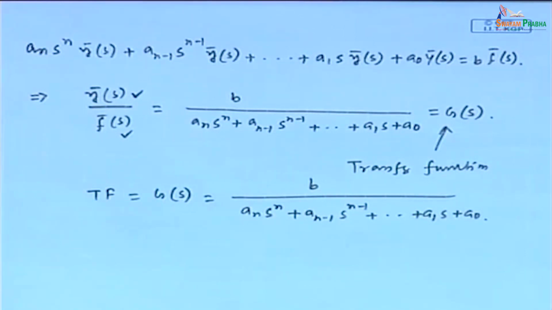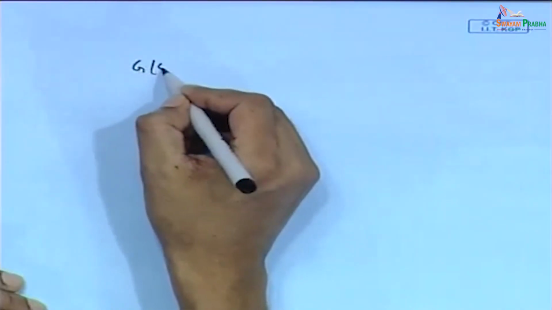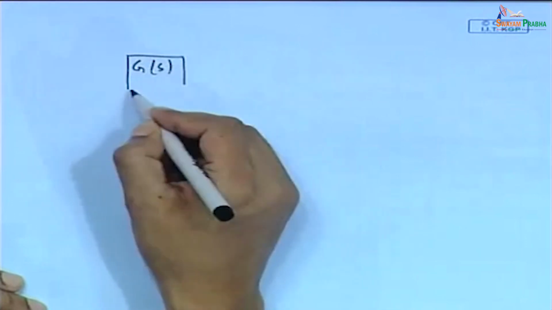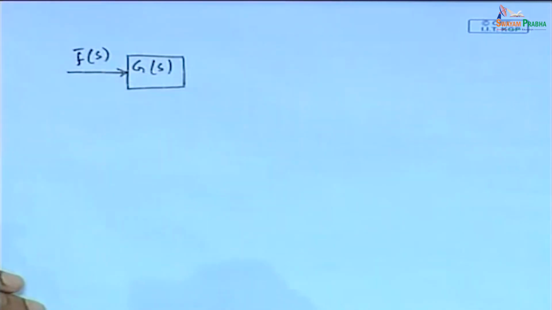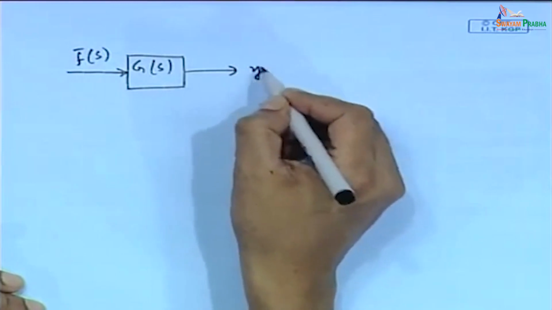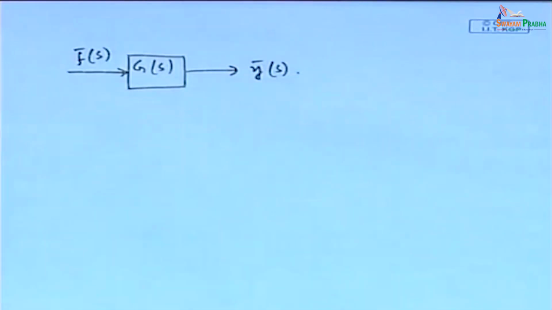So, we have represented the process in time domain using the block. Now, we need to represent the whole process in terms of Laplace domain. How can we represent it? It is very simple. We will represent the process by G(s) here. Our input we will write in S domain, our output is in S domain.